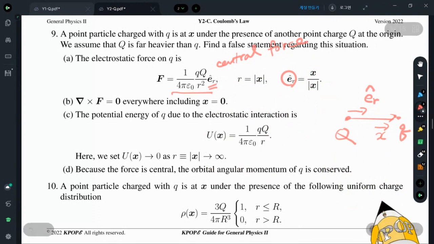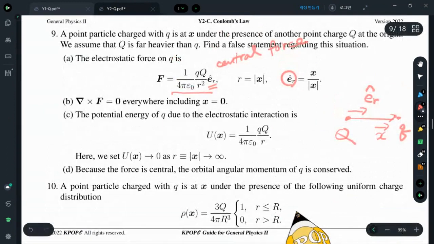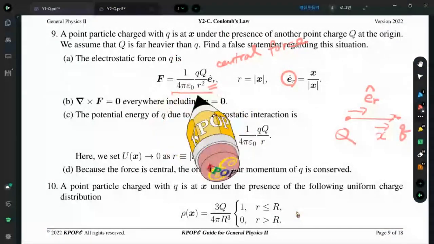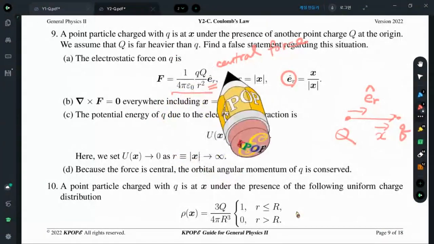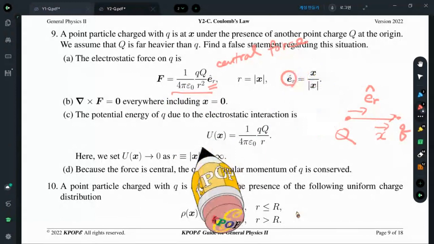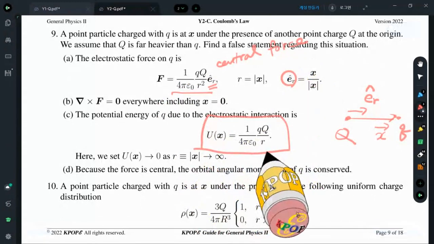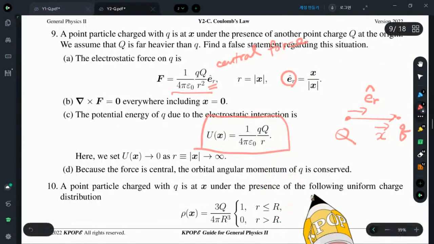Therefore, it is a conservative force. And if we have a force that is proportional to 1 over r squared as a central force, we know how to compute the electrostatic potential energy of the system. That is just proportional to 1 over r.